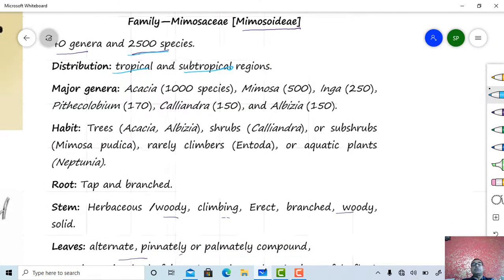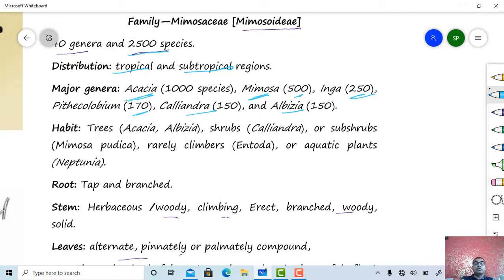Some of the major genera: Acacia, about a thousand species present. In Mimosa, 500 species are present. Inga, 250 species. Pithecolobium, 170. Then Calliandra, 150. And in Albizia, 150 species are present.